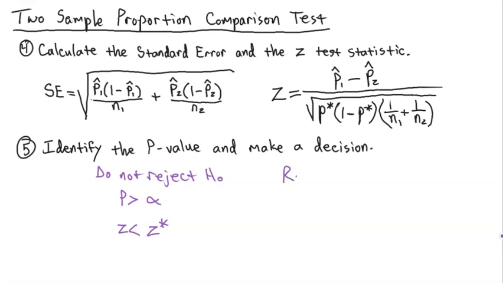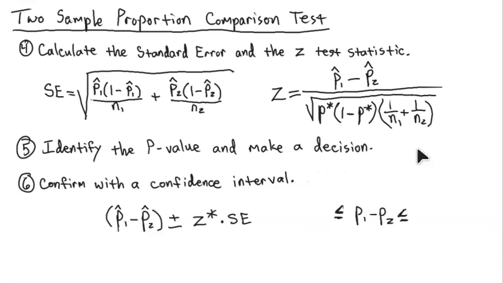The other alternative is we'll say reject H sub 0, and we'll do that if your p-value winds up being less than whatever the alpha is, and at the same time that'll mean that your z statistic that you got from here is going to be greater than your critical z value.